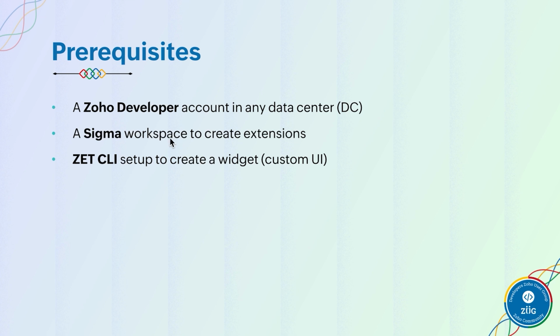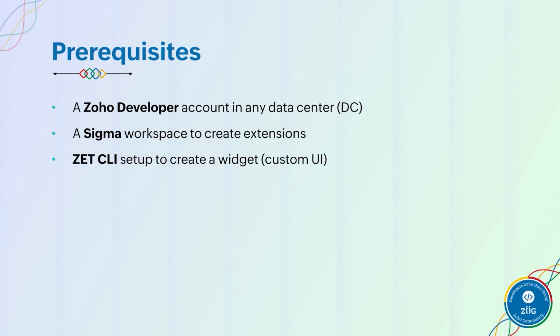After that, I have mentioned that the custom UI will have to be created as a widget, right? So to create a widget, you need to have the ZCLI setup ready in your system. We have briefly covered all these prerequisites in our previous sessions. So if you are new to this process, we suggest referring to those videos to equip yourself for preparing an extension.